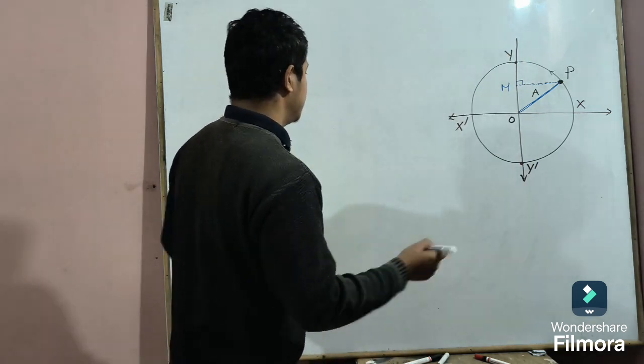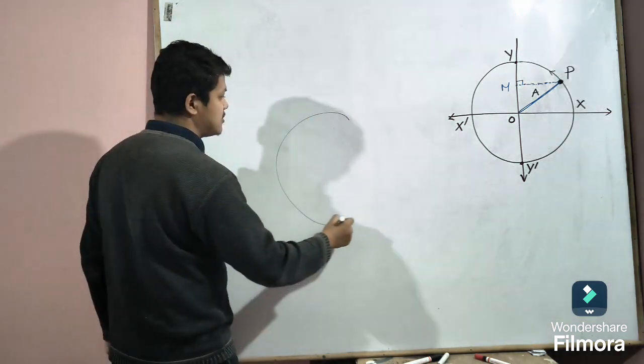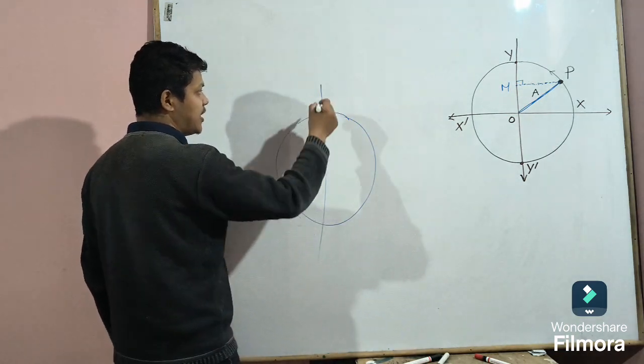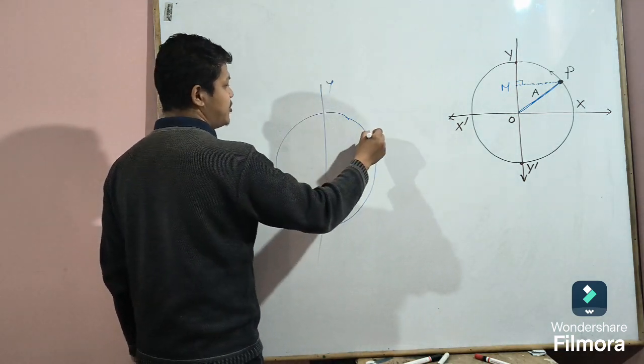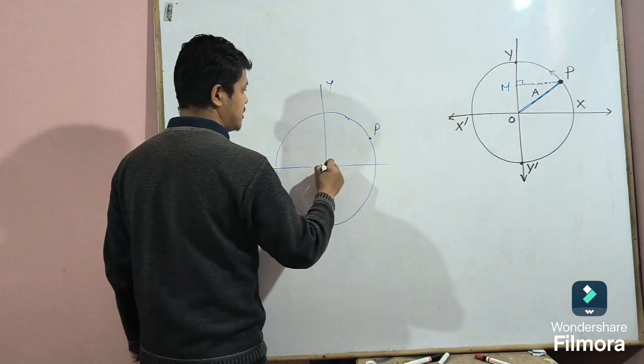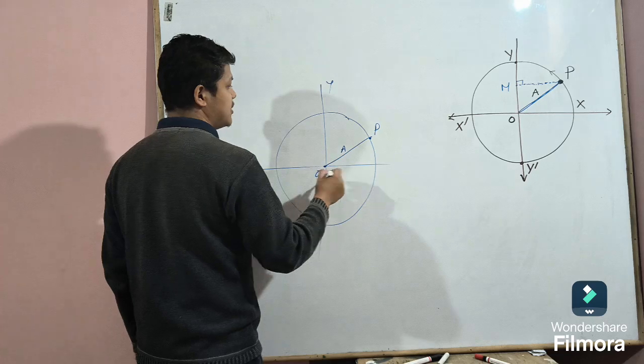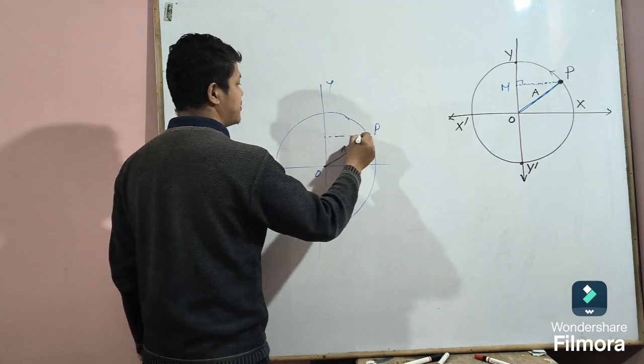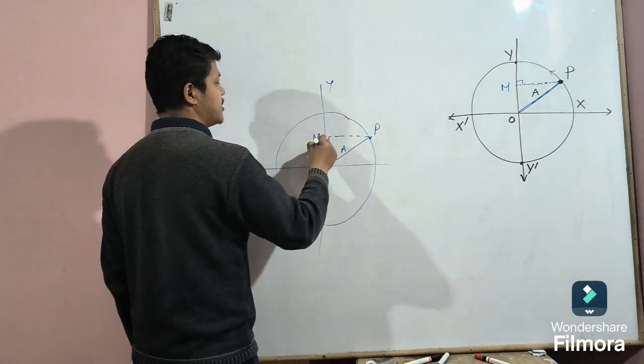Let me tell you why. Now you see, this is the y-axis and this is the point P here. This is the O and here is the radius A, and this is the perpendicular we have drawn. This is the point M.